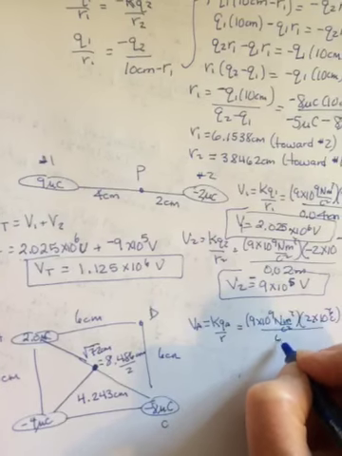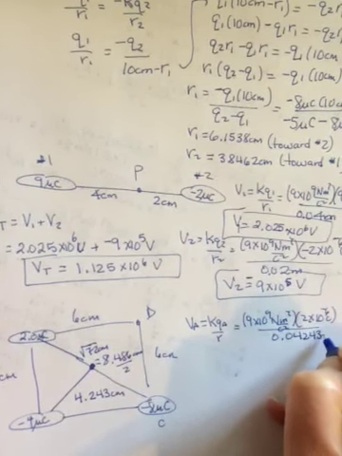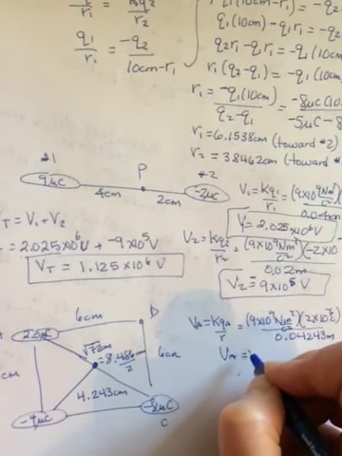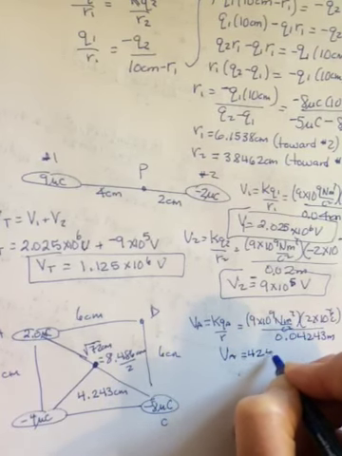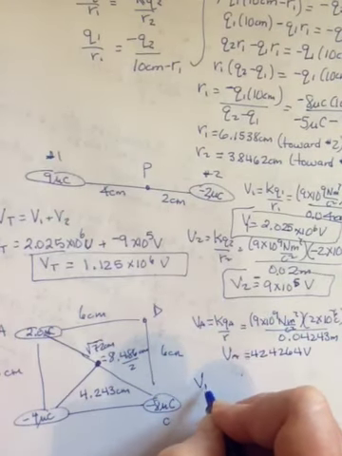And R is 0.04243 meters. And you will get a VA of 4.24264 volts.